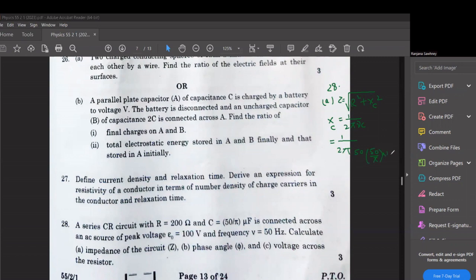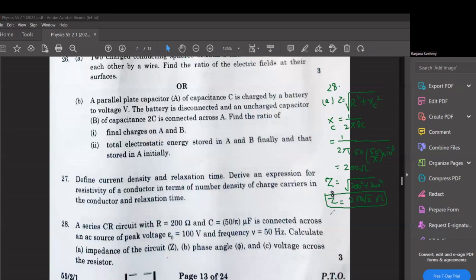So micro is 10 raised to the power minus 6 farad. Simplifying it, you get it to be 200 ohms. So R is 200, XC is 200. Hence, Z, the impedance, is equal to under root 200 square plus 200 square, which is equal to 200 into root 2 ohms. So this is the value of the impedance, 200 root 2 ohms.